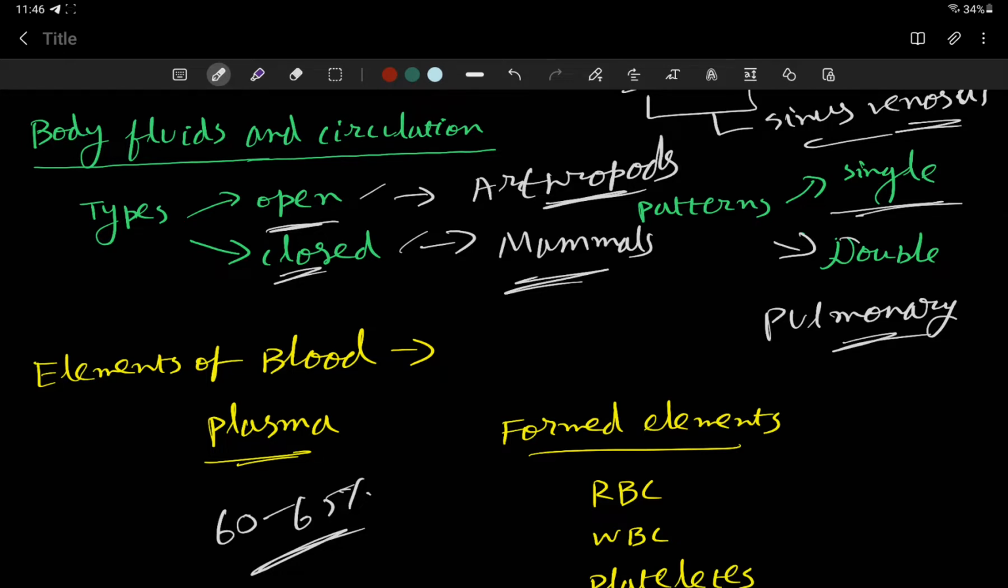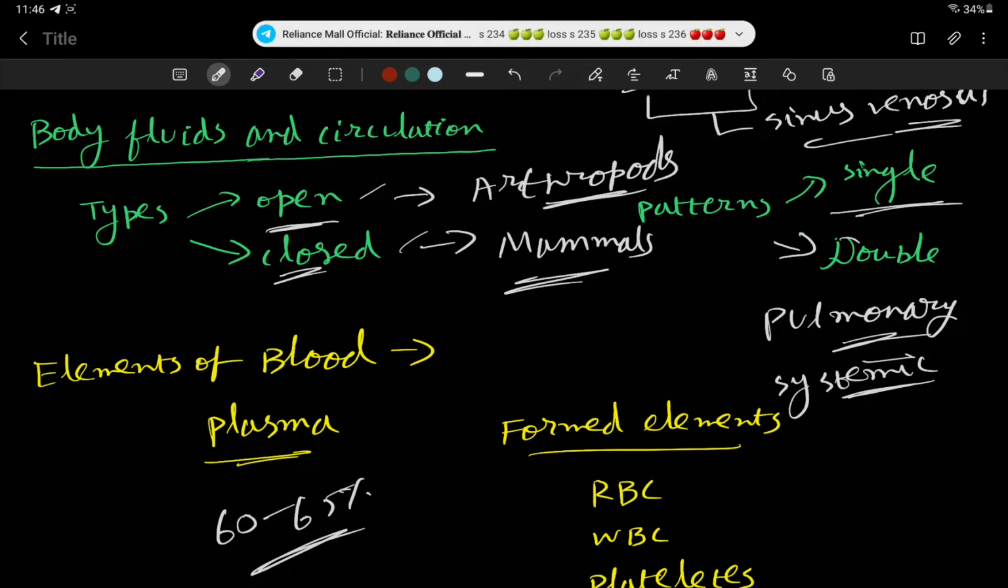That means the heart collects CO2 blood from the whole body and pumps out O2 blood through the whole body. This is called systemic circulation. So in our body there are two halves of circulation: one is systemic circulation, one is pulmonary circulation.